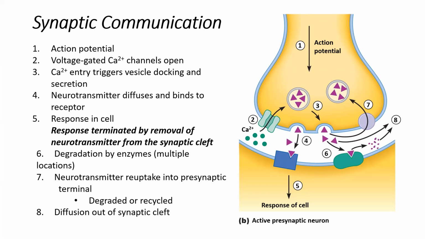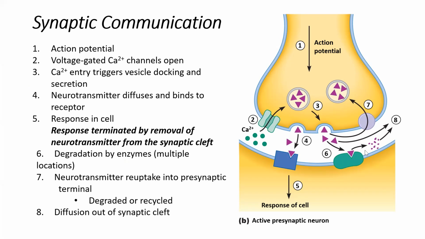Okay, so let me say that again. We can reuptake whole neurotransmitter molecules as is. We can degrade them down to smaller pieces. And then from those smaller pieces, they can simply diffuse away, or they can diffuse away in their whole state as well. Okay, so there are a couple of different options for clearing the junction, but they mainly rely on these two molecules.